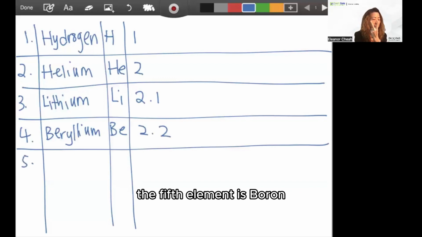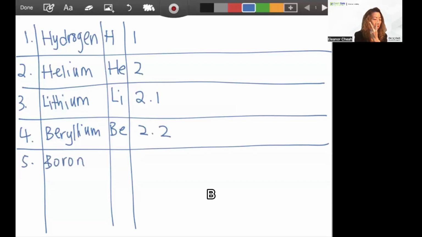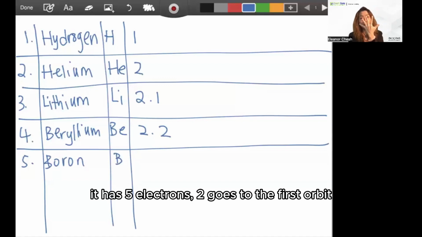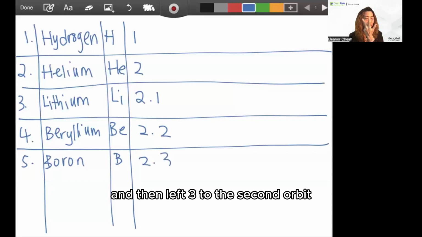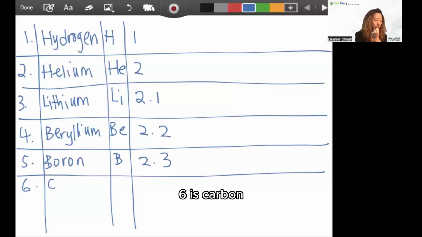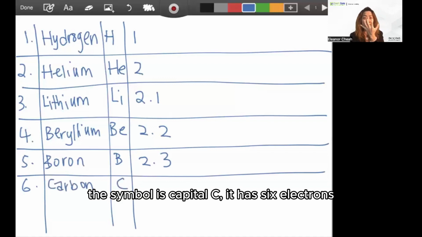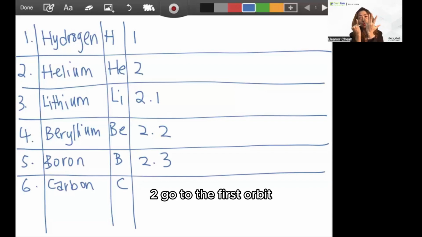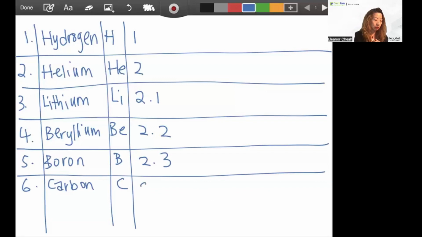The fifth element is boron, B. It has 5 electrons, 2 go to the first orbit, and then the left 3 to the second orbit. 6 is carbon. The symbol is capital C. It has 6 electrons, so 2 go to the first orbit, left 4. So on and so forth.